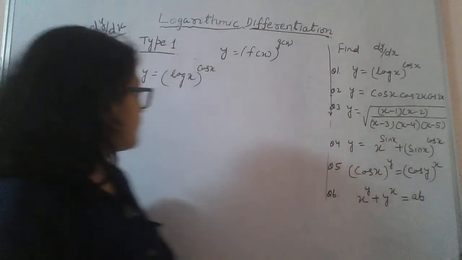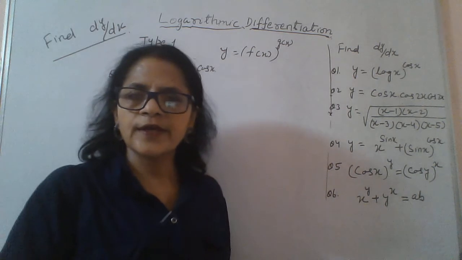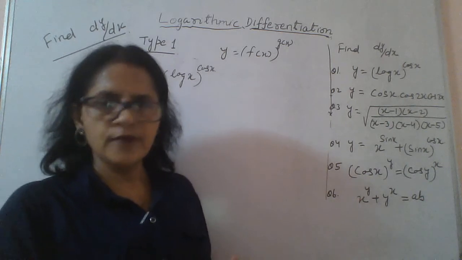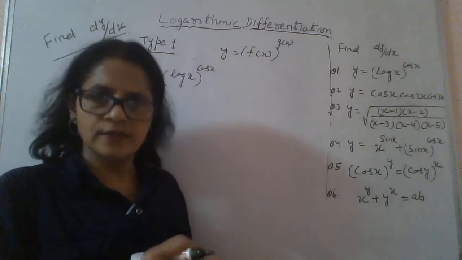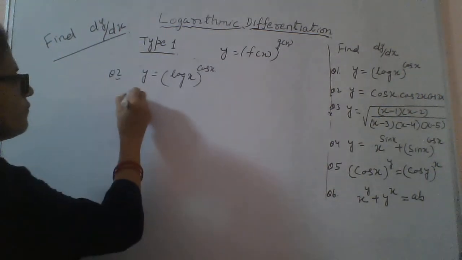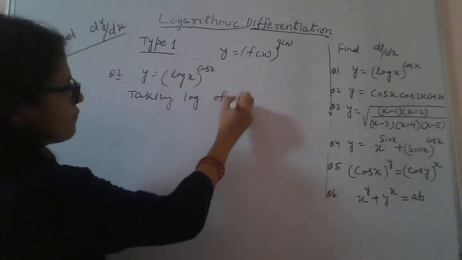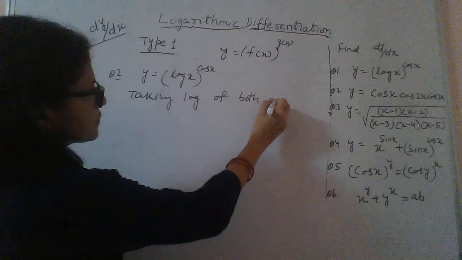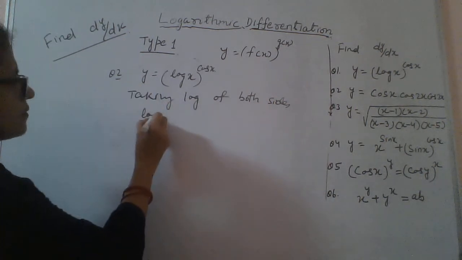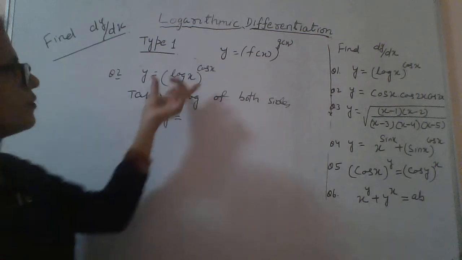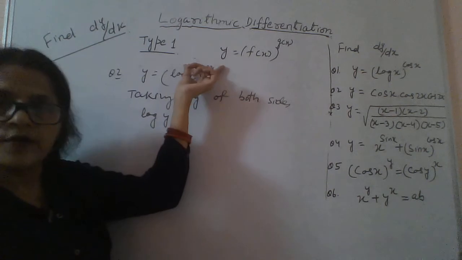Our second question is y equals (log x) to the power cos x. Again it comes under type 1, f(x) to the power g(x), and the procedure remains the same. Taking logarithm of both sides, log y equals log of (log x) to the power cos x.